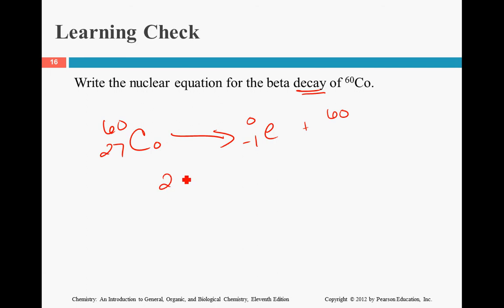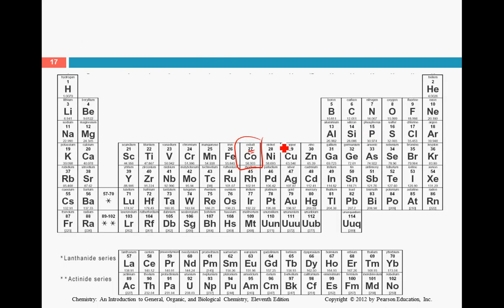The bottom one's the hard one. 27 is equal to -1 plus x. Add 1 to both sides, and you get x is equal to 28. Which puts us at nickel.